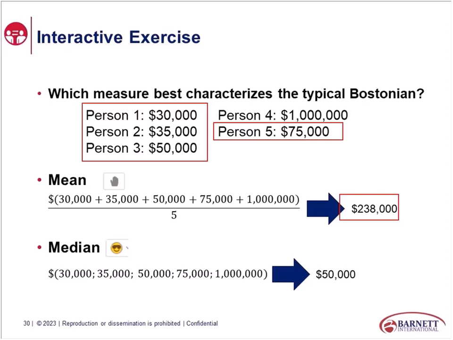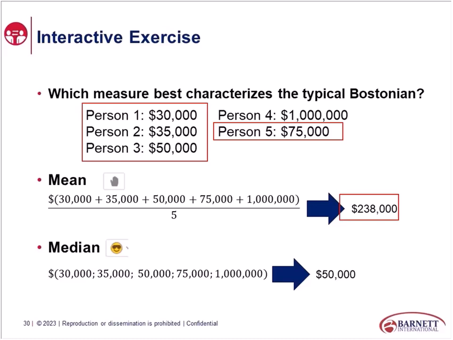Think about how many times you've seen the mean, which is the average, reported in the literature or a report. How many times have you thought, could that mean be misleading? In this case, by selecting the mean, you're basically saying the single number that best describes these individual salaries is 238,000.